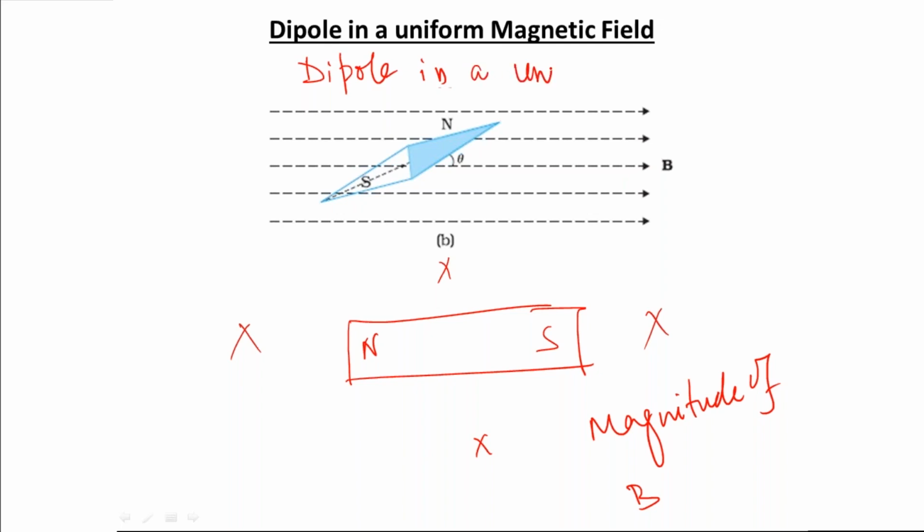So the answer to that is the topic today, that is dipole in a uniform magnetic field.